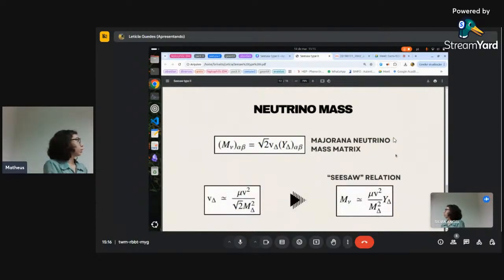Okay, so with this and more mathematics, algebra, we will end up with this relation of the VEV of the delta and the mass, and assuming that the Majorana neutrino mass matrix is described by this relation, we can substitute the VEV, and we have the Seesaw relation that is, as you can see, similar to the type 1.